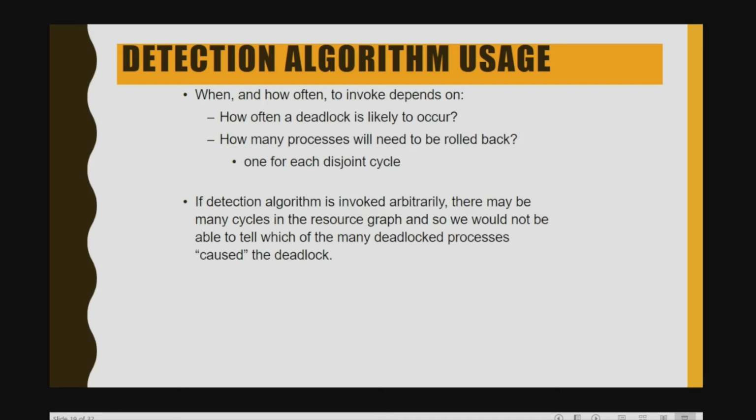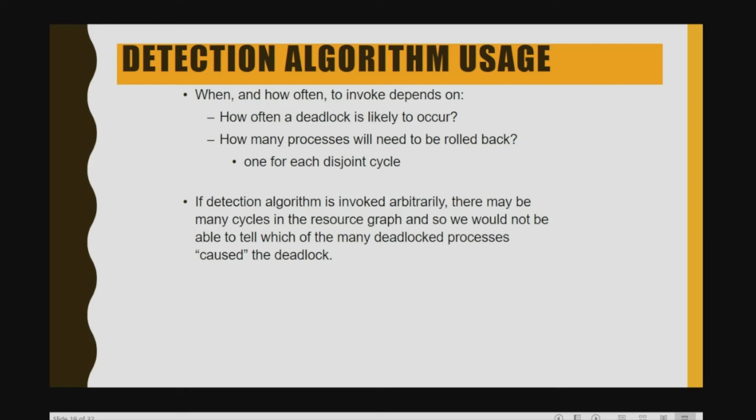Okay, the usage of the detection algorithm. When and how often to invoke it depends on how often a deadlock is likely to occur and how many processes will need to be rolled back, one for each disjoint cycle. How many processes need to be rolled back? The answer is 1 each time. Let's say we have 4 processes in a similar situation.